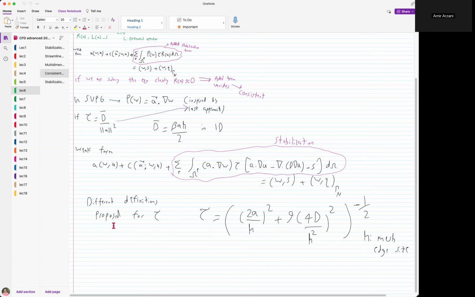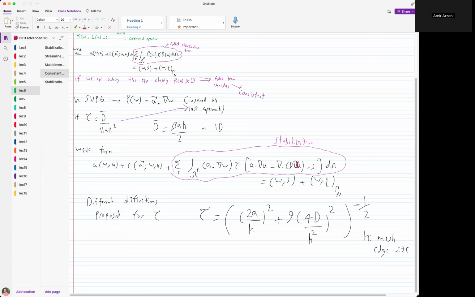You can still have one criticism of this equation. If you pay attention, when we add the residual, what do we have here? We have the diffusion term in its strong form that contains a second derivative. So if you are using linear finite elements, so linear shape functions, which again are common, then this term just becomes 0.